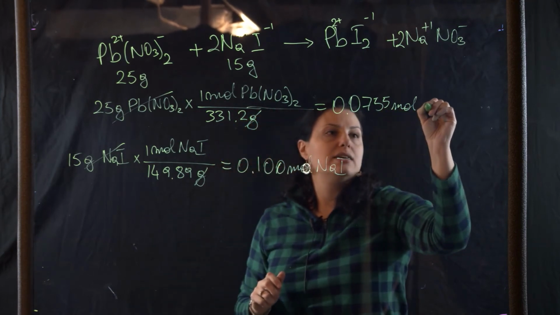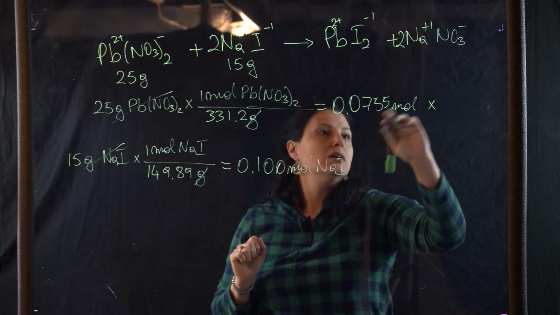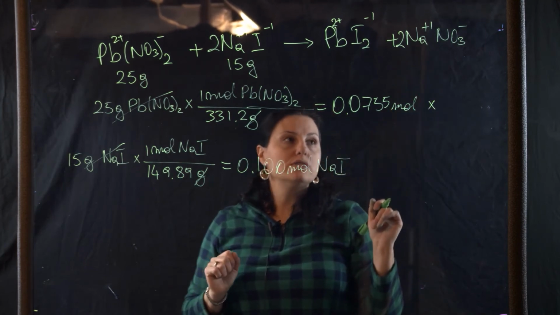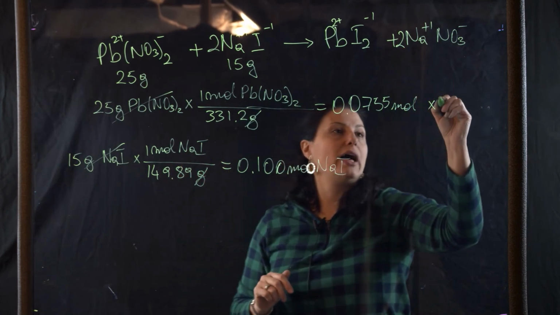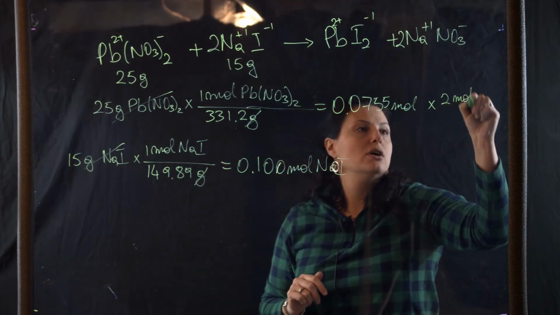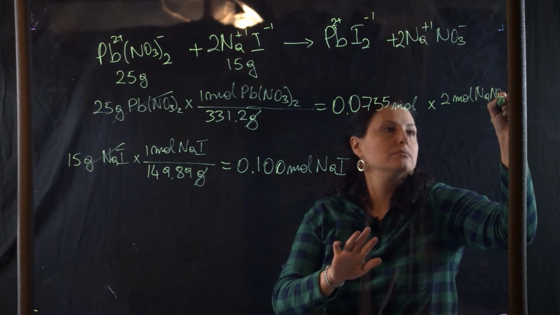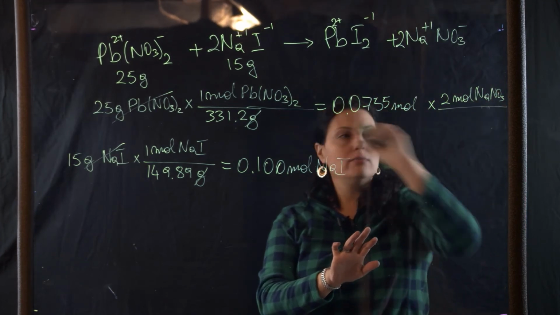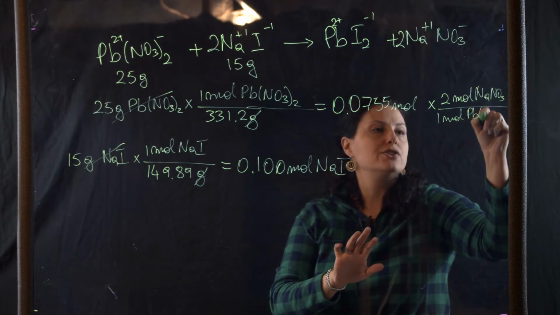So if I see this many moles of lead 2 nitrate, to convert it to moles of sodium nitrate, I use the molar coefficient. So I have 2 moles of sodium nitrate for every 1 mole of lead 2 nitrate.